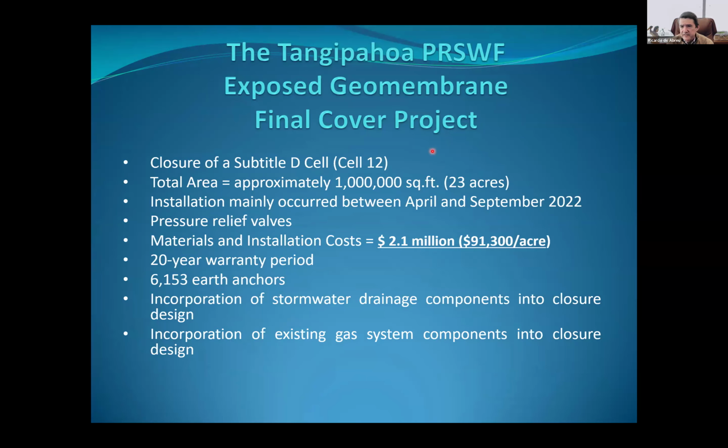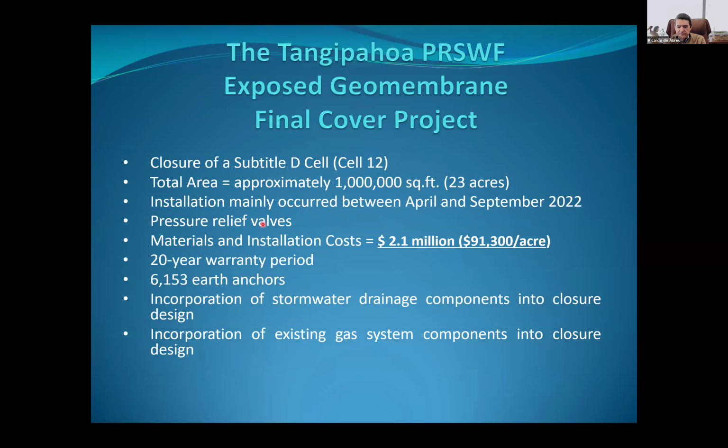We used exposed geomembrane. This is just cell 12, but the area is 23 acres, about 1 million square feet. Installation mainly occurred between April and September 2022. In this case, we have to use pressure relief valves.